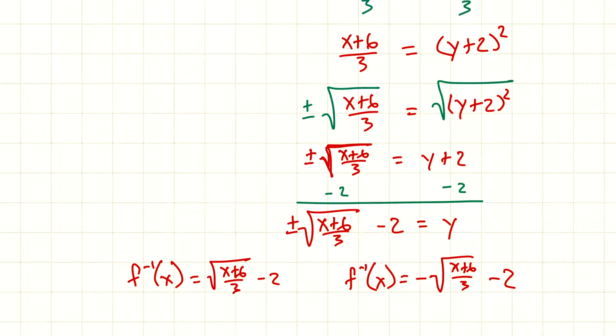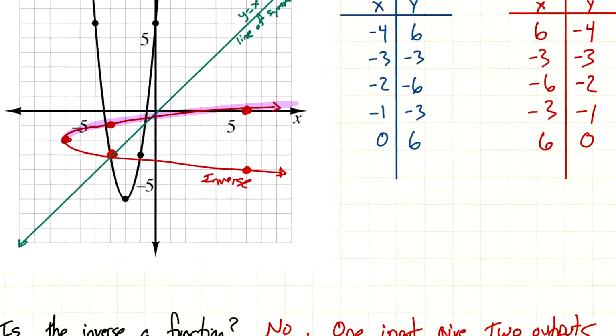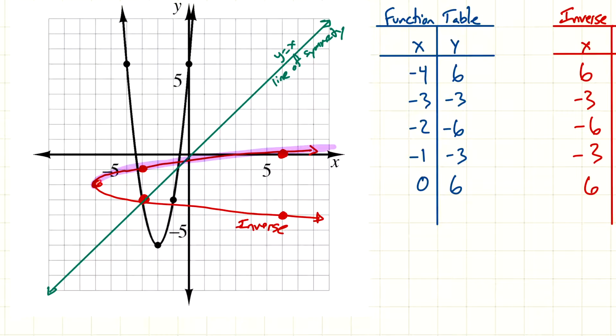So in order for this graph to work, in order for us to only focus on the top portion, that would mean that in the original graph we would have to focus only on the right side, which is restricted to only these values.